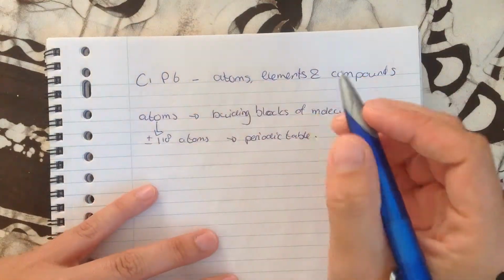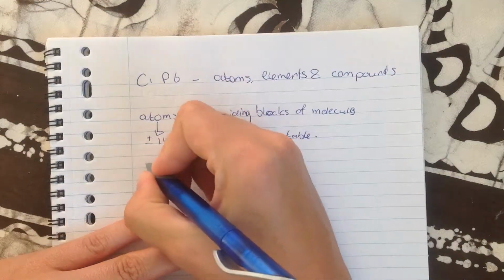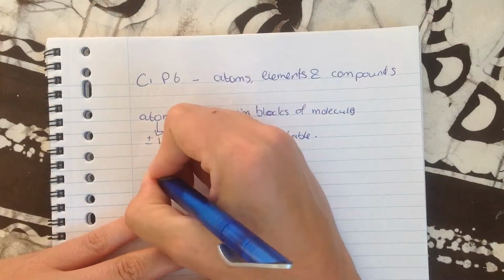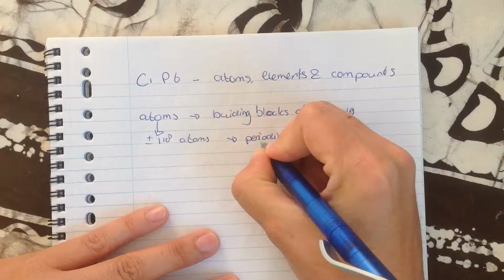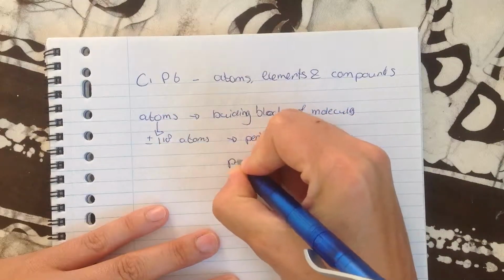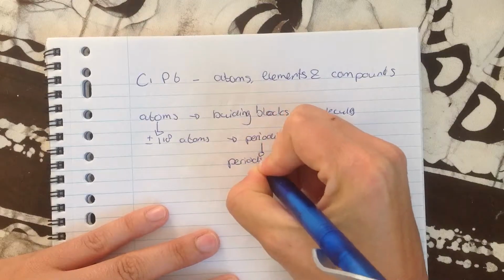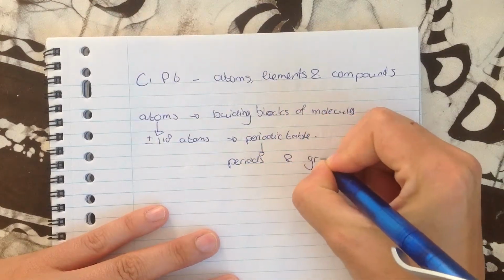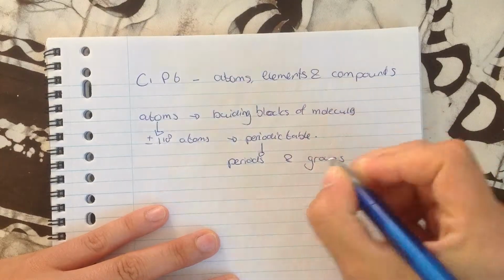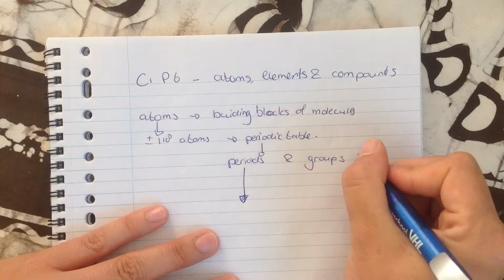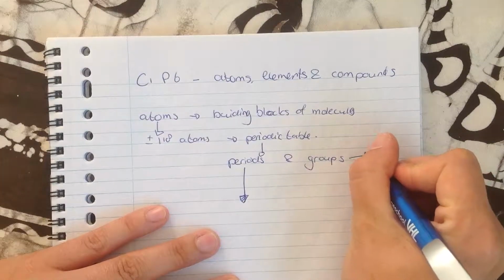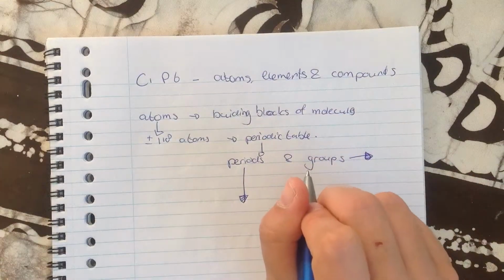Okay, so all those atoms together form obviously molecules, and you can find them in this periodic table. The periodic table is made of periods and groups. Periods go like this, so they are vertical, and groups are like this, horizontally.